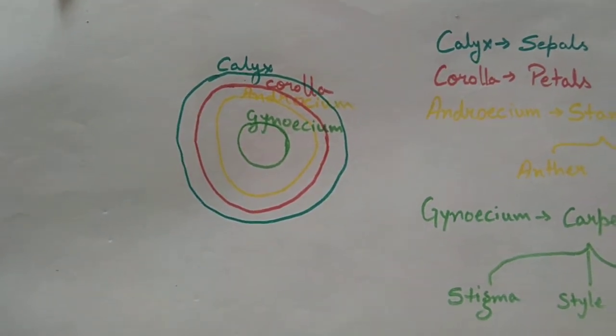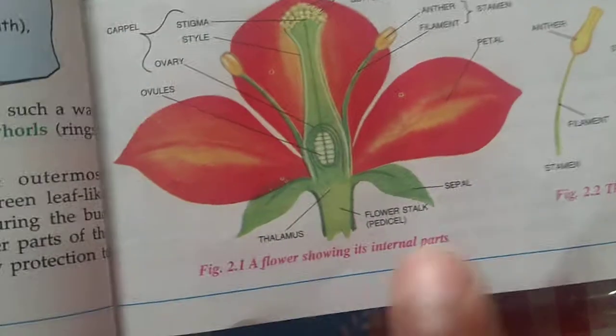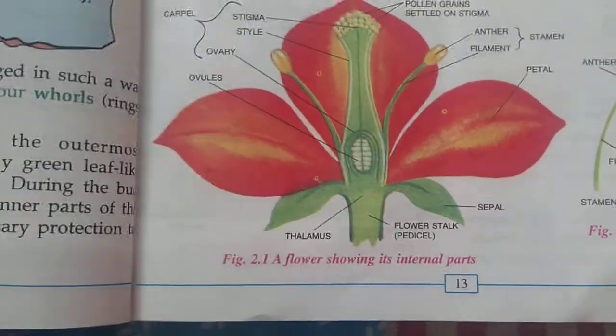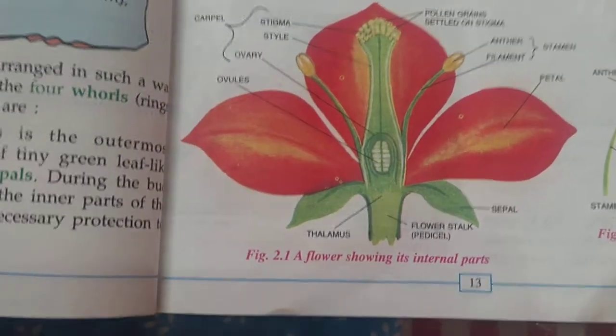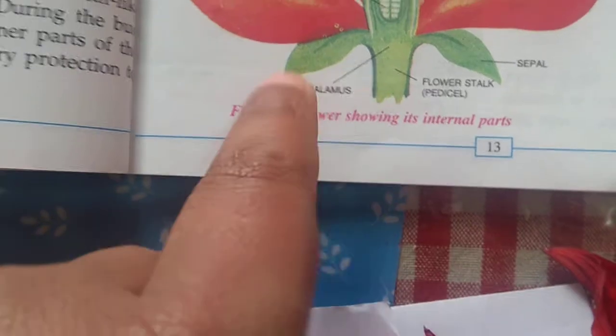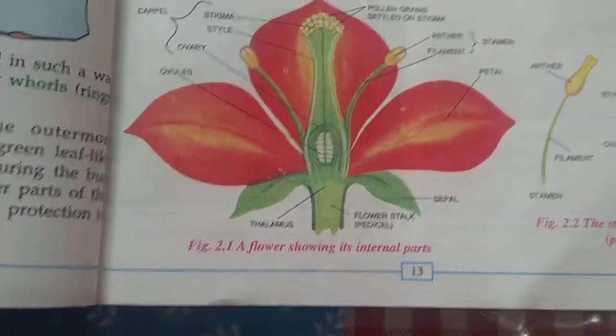Now sepals, what are sepals? Now from your book I'll just tell. This part which guards the bud of the flower is sepal. When the flower blooms, it comes to the side of the flower, the green small leaf-like structure. I'll just practically show you.